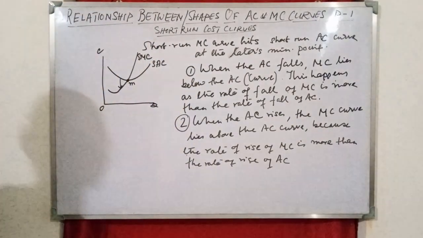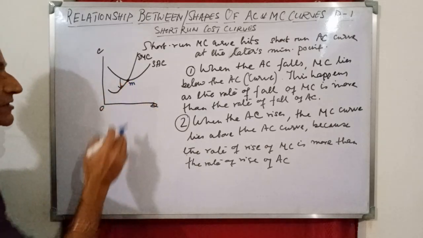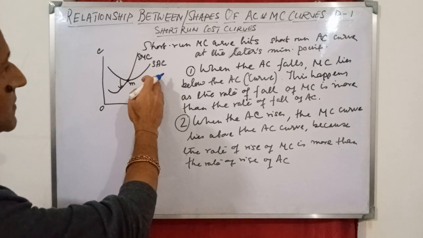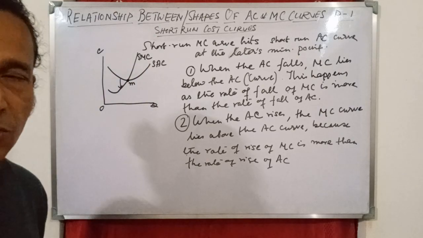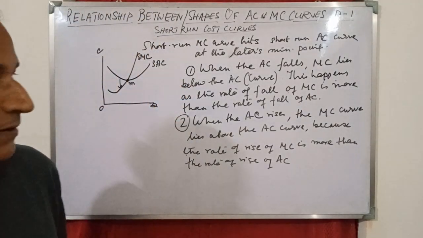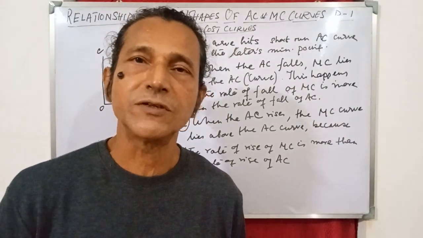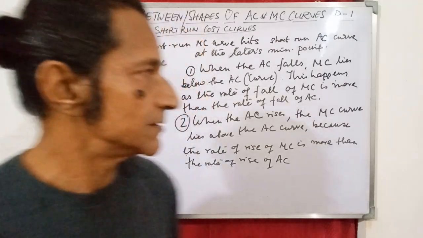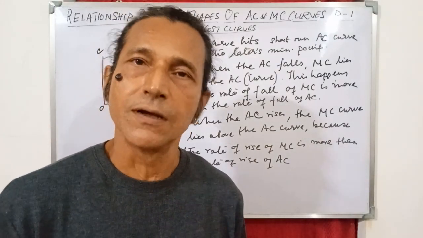On the other hand, beyond point M, the average cost is rising, and when this average cost is rising, the marginal cost curve lies above the average cost curve. And why does this happen? This happens because the rate of change of marginal cost is more than the rate of change of average cost, whether it increases or decreases. The rate of change of marginal cost is always more than the rate of change of average cost.